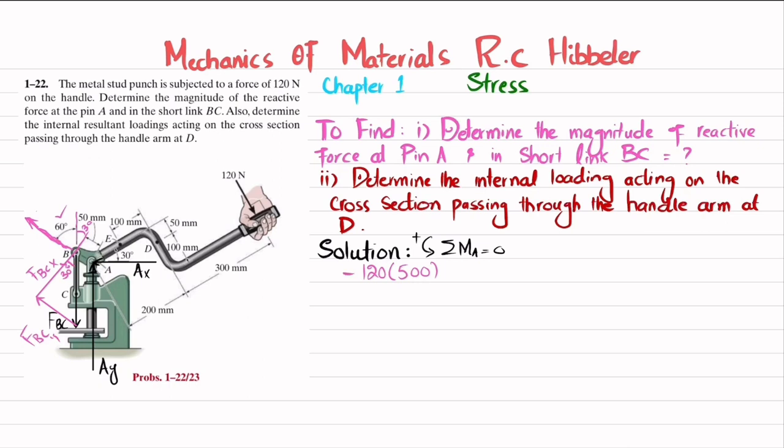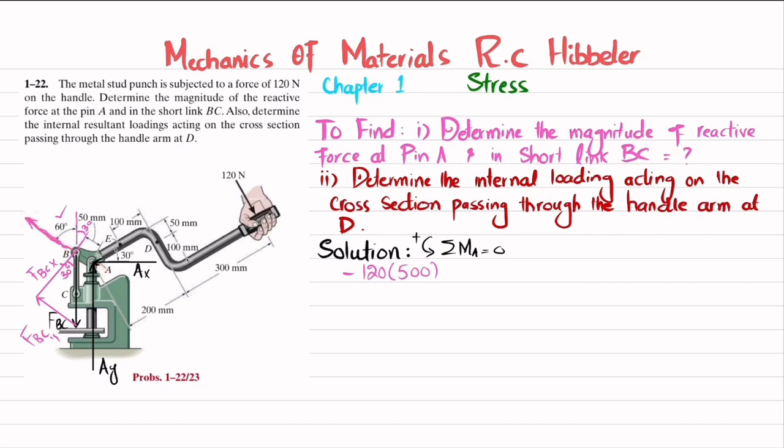The second moment is produced due to this FBC X component, and the perpendicular distance is, you can see, 50 millimeter, and this is producing counterclockwise movement, so it will be positive. The vertical component is passing through A, so it is not producing moment.